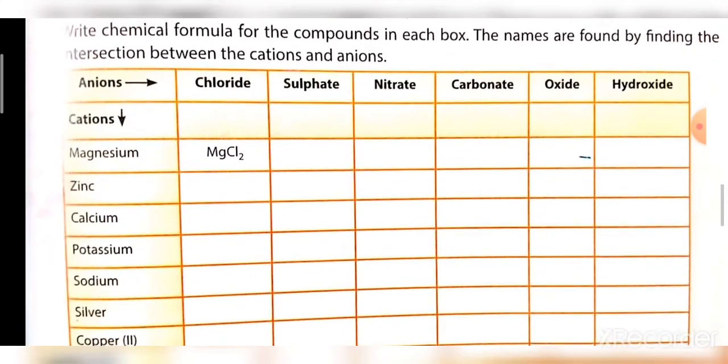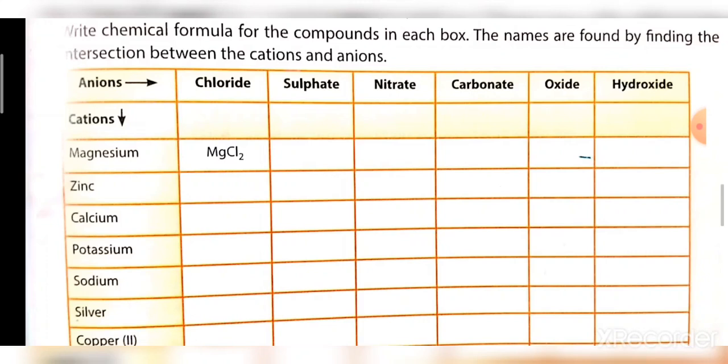Now here I am sending you one question. In this PDF I will be sending. It is: write the chemical formula for the compounds in each box. One is done for you, that is magnesium and chloride. So you have to take the cations and anions and write the formula.